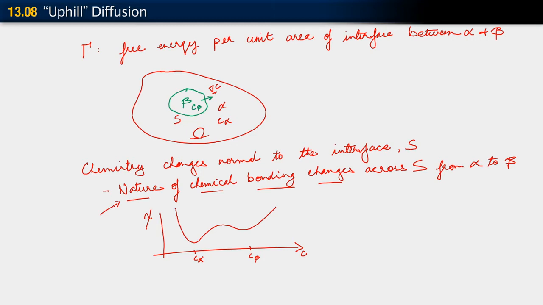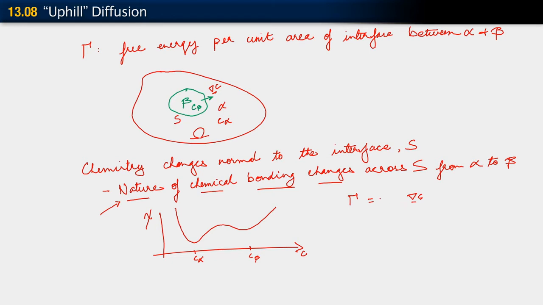So the simplest way in which to represent an interfacial free energy is to say that gamma depends upon grad C. Now it's an energy, and we want it to be positive.